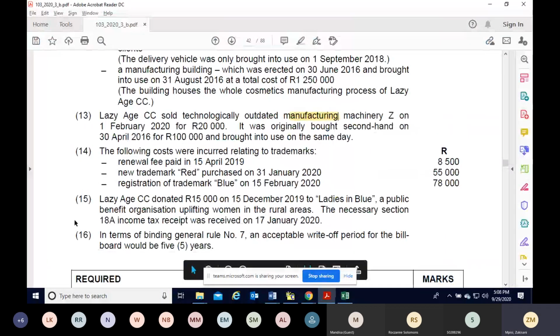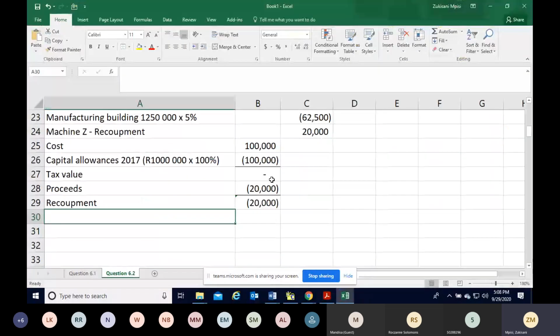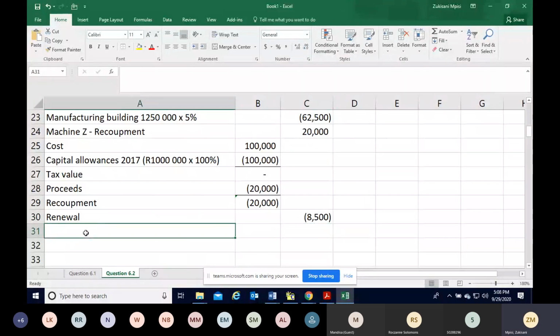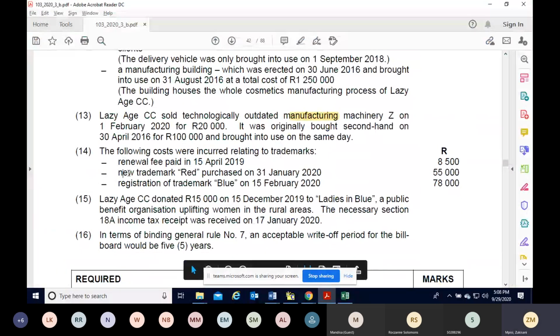Let's move on. The following costs were incurred relating to trademarks. Renewal fee paid. Remember, if it's a renewal, it's a deduction that you are getting, 8,500. Recoupment, it's a positive, so it's income. New trademark purchased, 55,000.